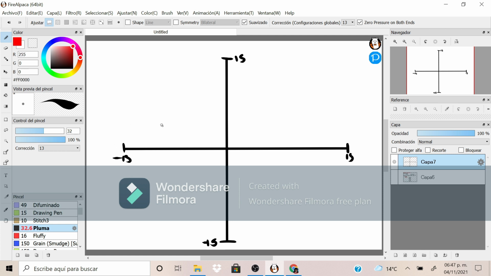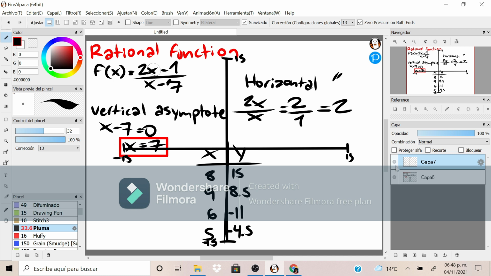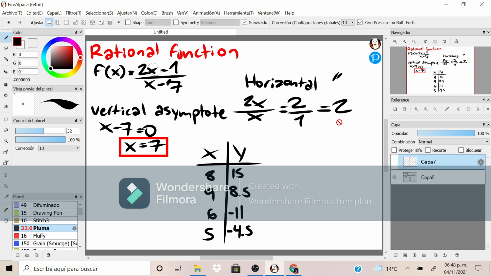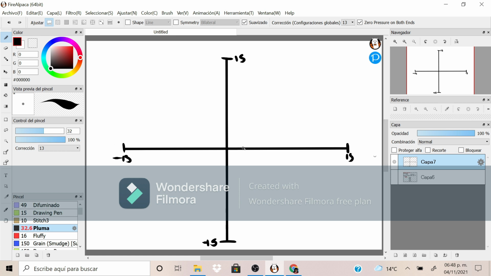So basically, we're gonna mark what we found here, 7 and 2. 7 would be around here. 2 would be around here.